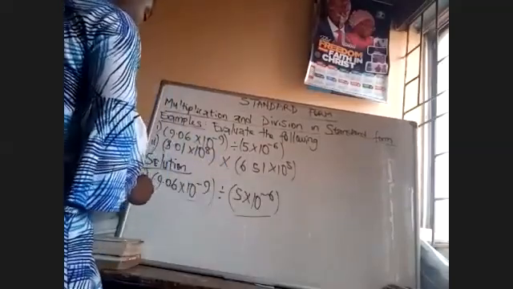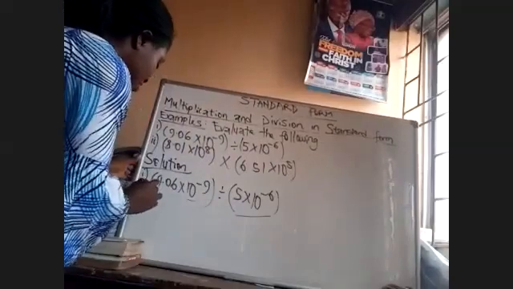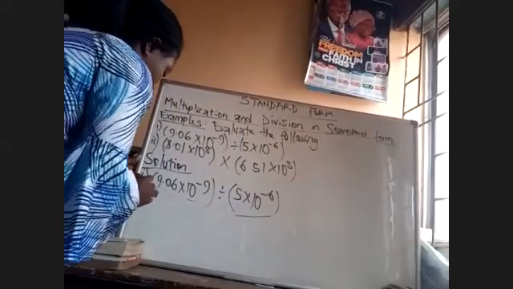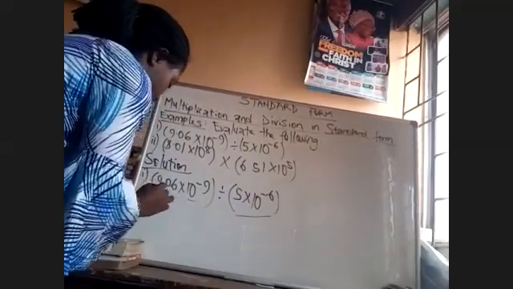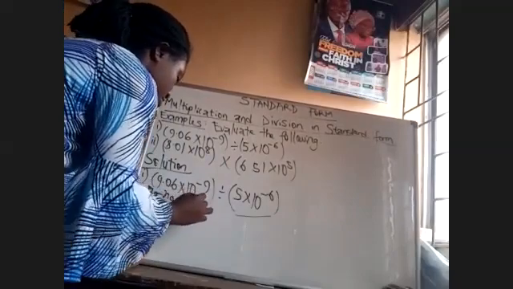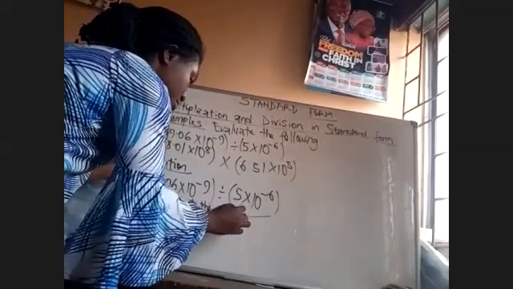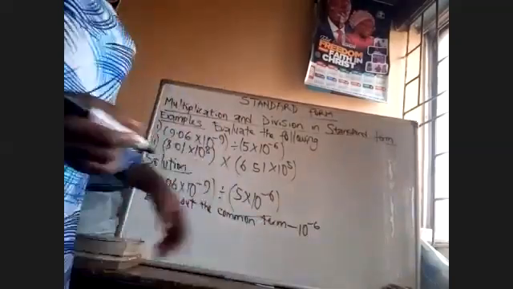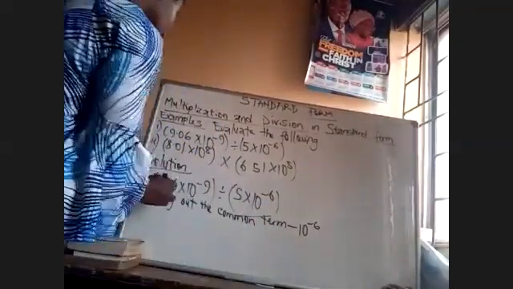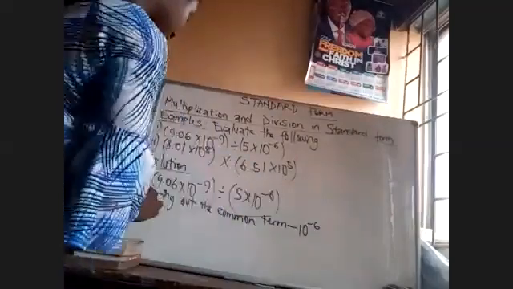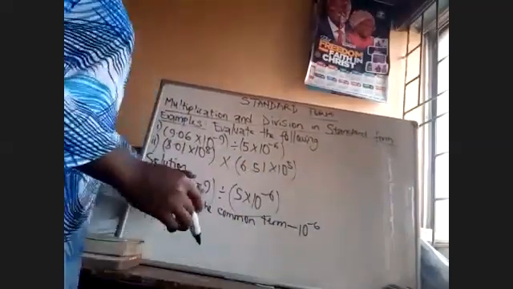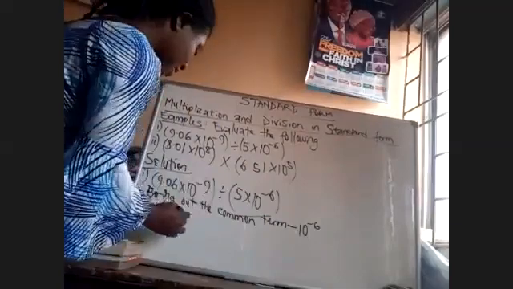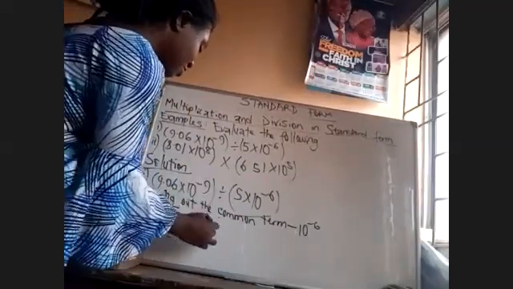When we bring out 10 raised to power negative 6, what do we have left? 9.06 times 10 raised to power minus 3.